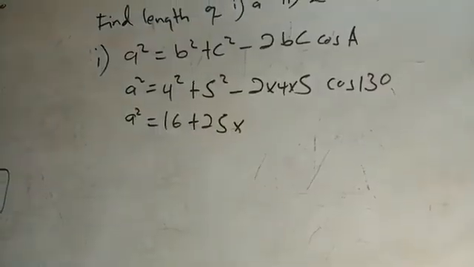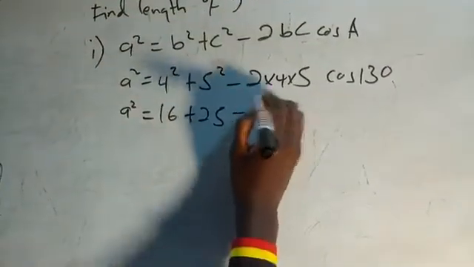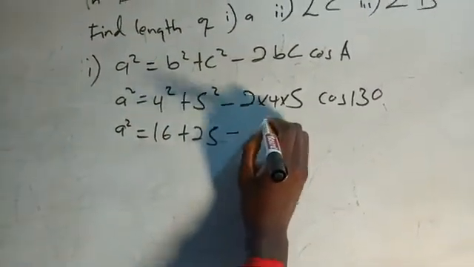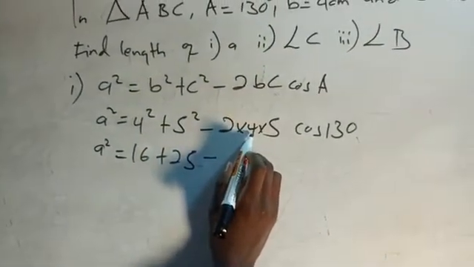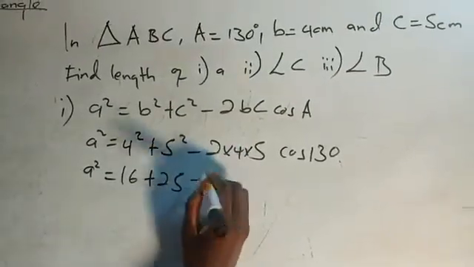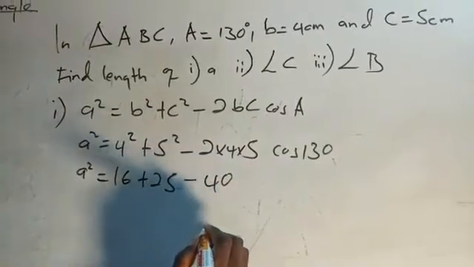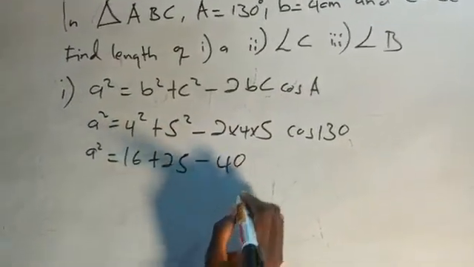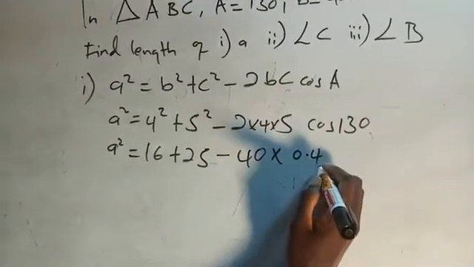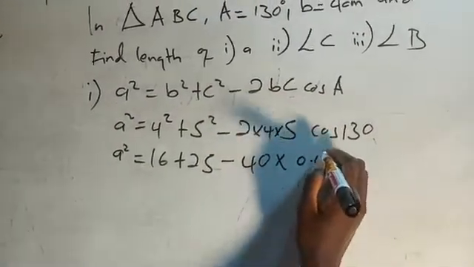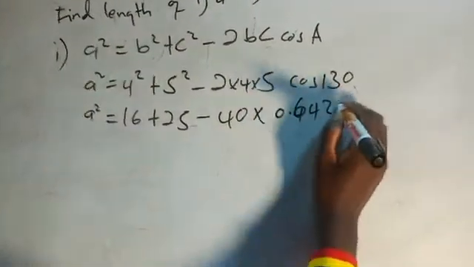So a squared will be equal to 16 plus 25, which is minus, no, it's minus 2 times 4, which is 8, times 5, which is 40, and cos of 130 will be equal to, it is 0.6428.